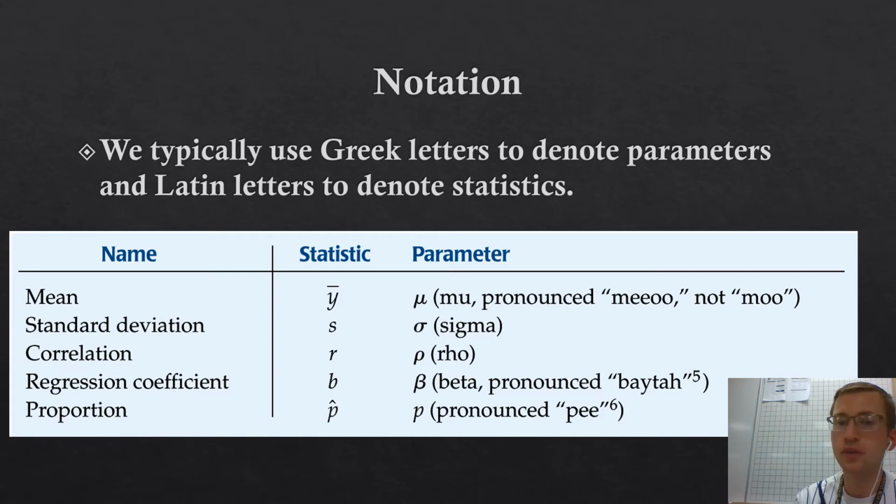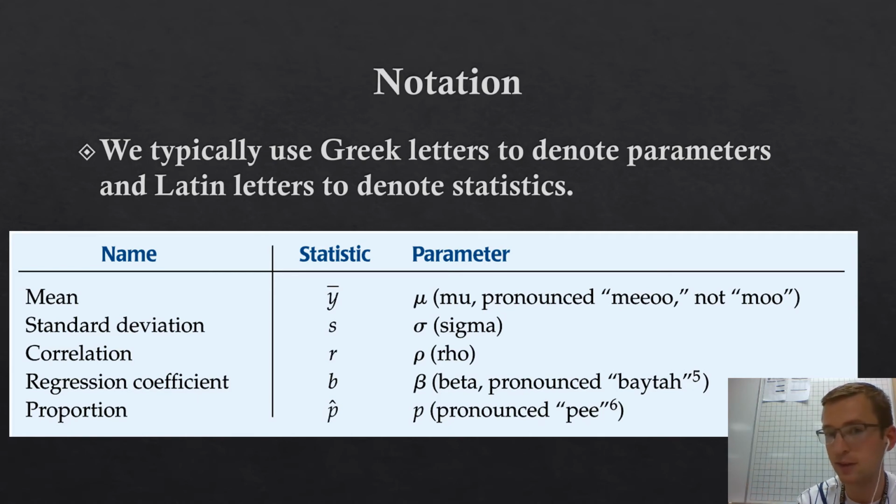So in general, this isn't always the case as you can see here, but in general, if we use a traditional letter like we use in our alphabet, that is going to be a statistic, okay? Whereas if we have a piece of information from our population, our parameter, that's going to be a Greek letter, okay? So in this case, if you look here, the mean, remember we had X bar before? X bar, that is the mean from our sample.